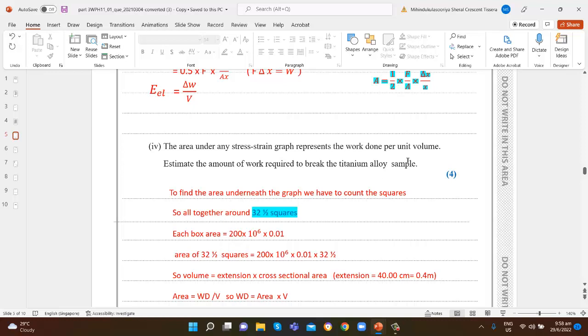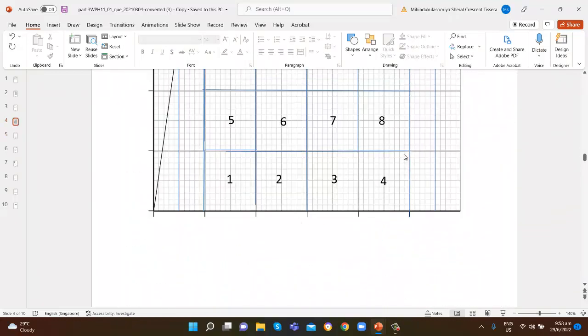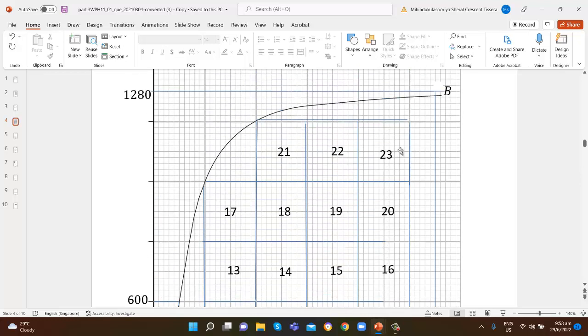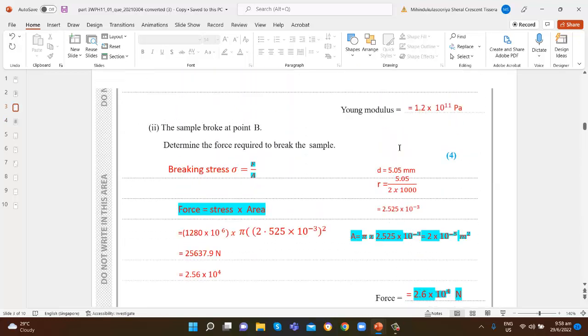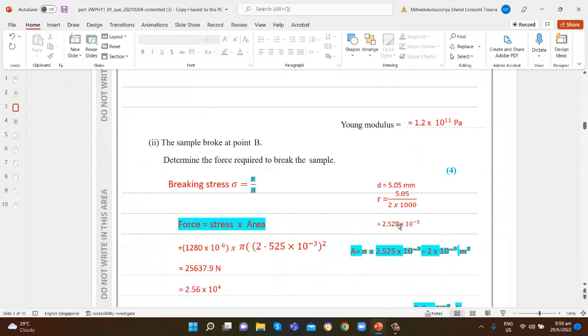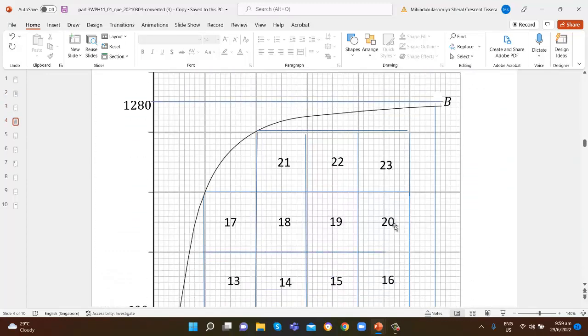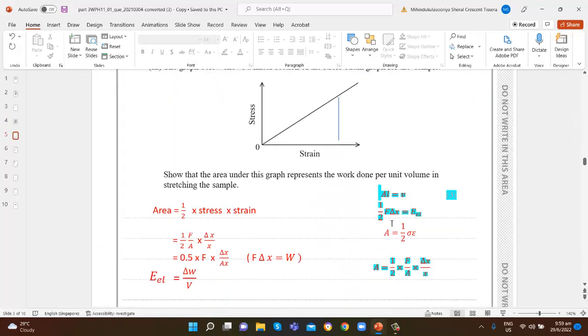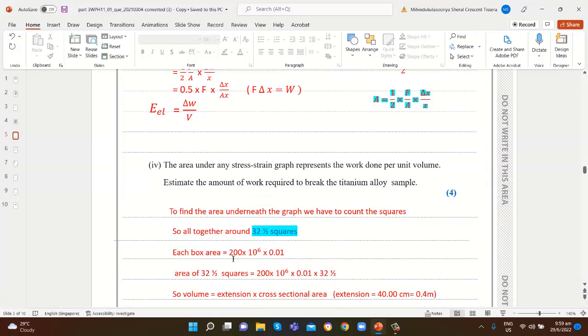Each box area, you know the box area. I have mentioned here, one box is 200 megapascal and 0.01 into 0.01. So you write each box area as 200 into 10 to the power 6 to turn into Pascal, and 0.01 is the square width.